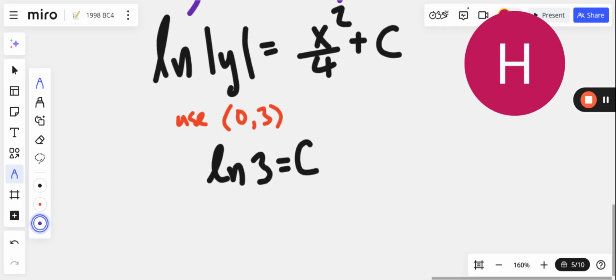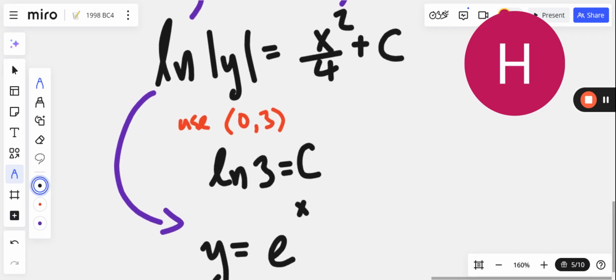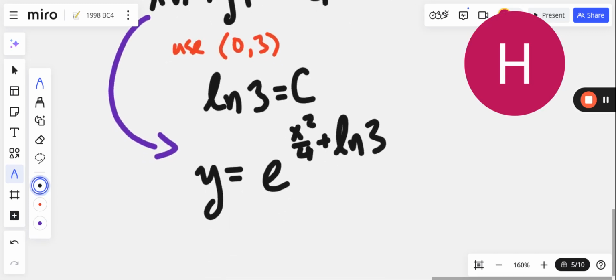And that's going to be helpful because we want to change this into just y equals by raising everything to the e, or to a power of e. x squared over 4 plus ln of 3. Well, that's just going to turn this into 3 times e to the x squared over 4.